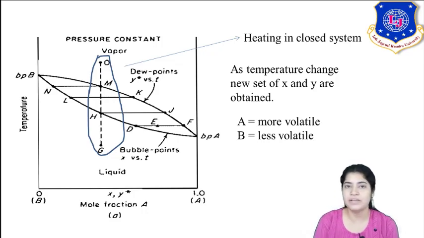If I'm representing liquid phase composition, then XA equals 1, because that right hand side vertical line shows pure A. Now if I am representing in form of vapor phase, then YA equals 1.